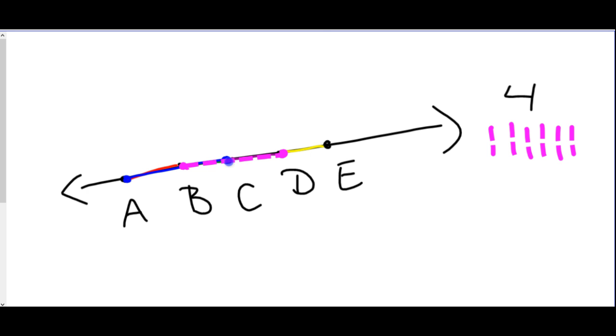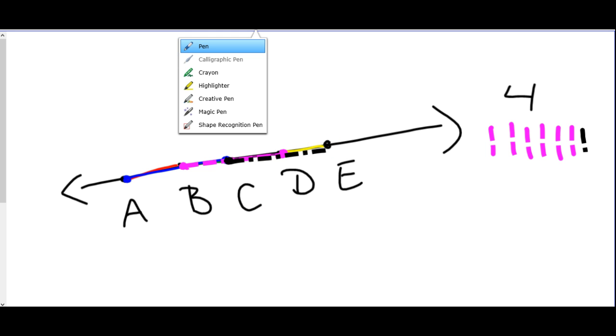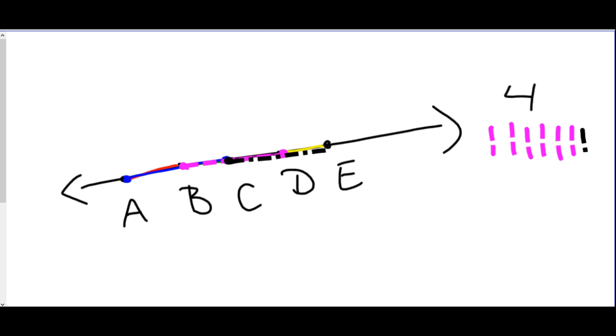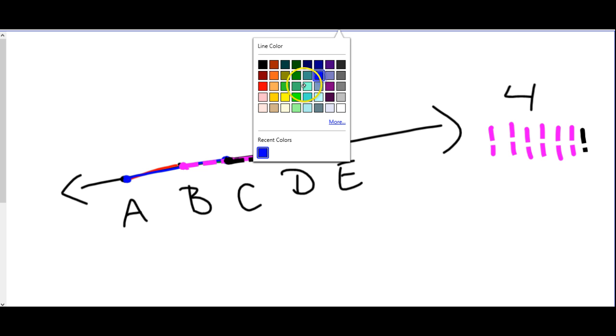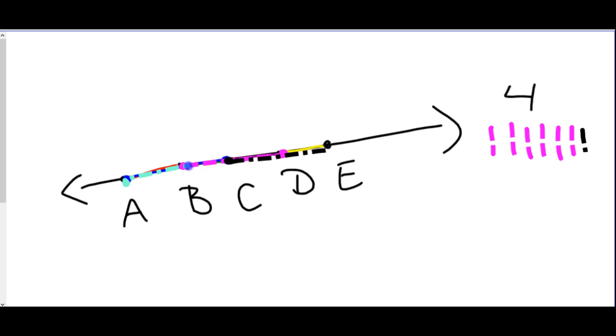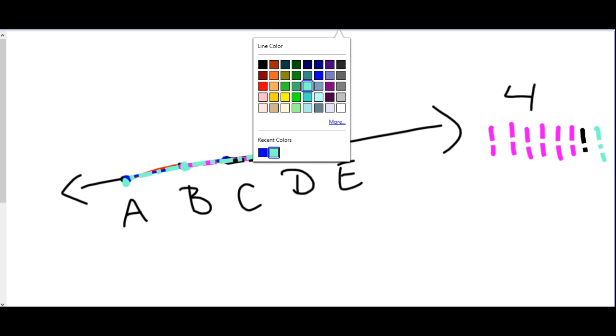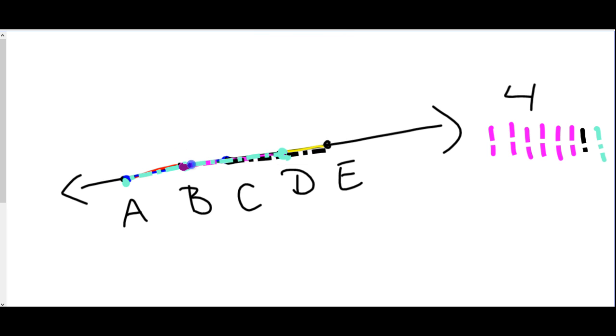We could start at C and end at E. There's another one. We've already done D to E, so we don't count it again. Or I could start at A and I could go all the way to D. There's another one. We could start at B, go all the way to E. There's another one.